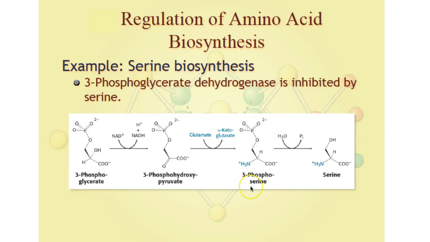This reaction should look familiar because it was shown in part 2 of this series, where, remember, you have the NAD plus, which oxidizes and forms this double bond, and then you have glutamate that transfers a free amino group and also releases the alpha ketoglutarate, and then the phosphoryl group is replaced with a hydroxyl group via hydrolysis.